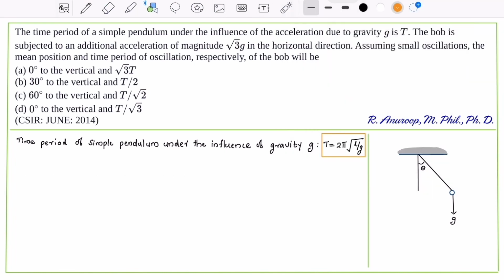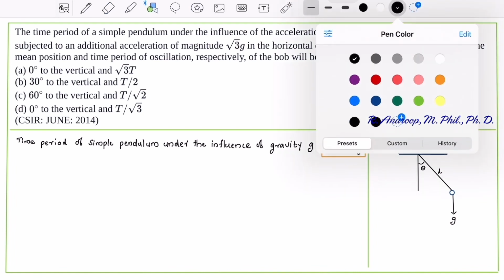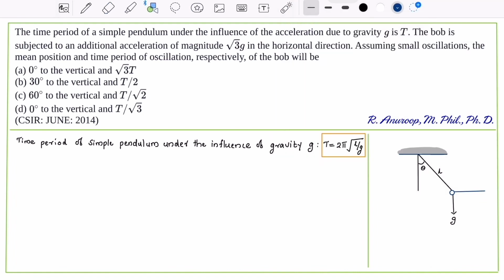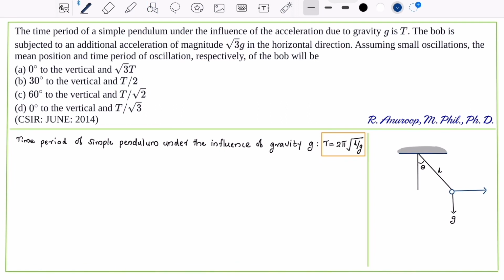Now, the bob of the pendulum is subjected to an additional acceleration of magnitude root 3g in the horizontal direction.